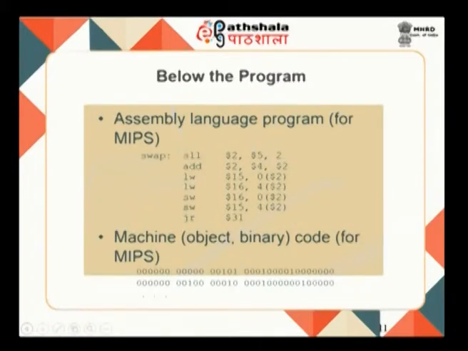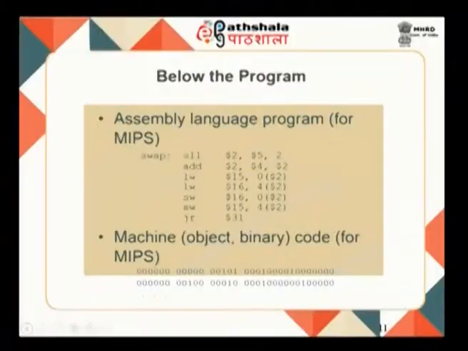Now, this will finally be converted, because SLL and add are English-like and not understandable to the processor. The processor is after all made up of digital components which can understand only zeros and ones. So, this assembly language will finally have to be translated into machine language or object code which consists of zeros and ones.